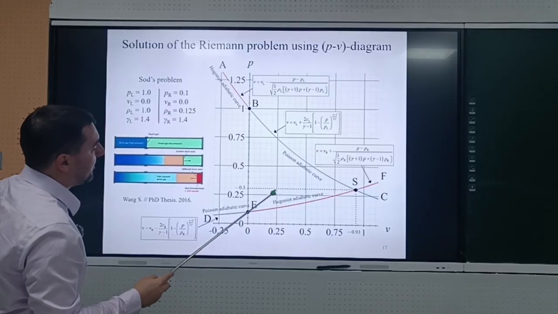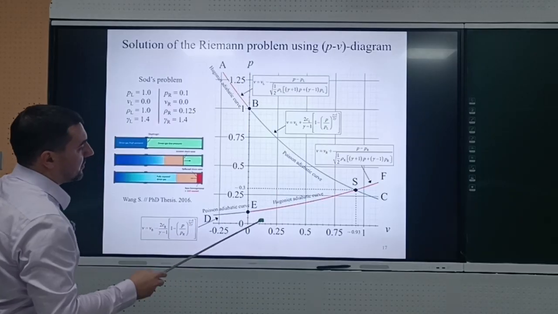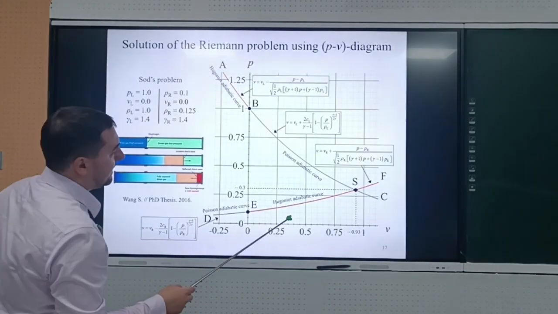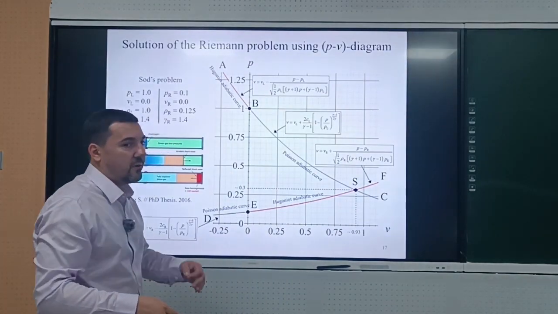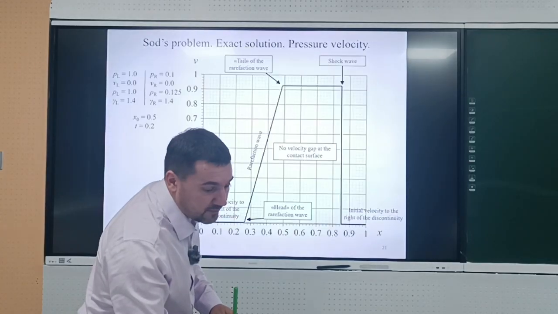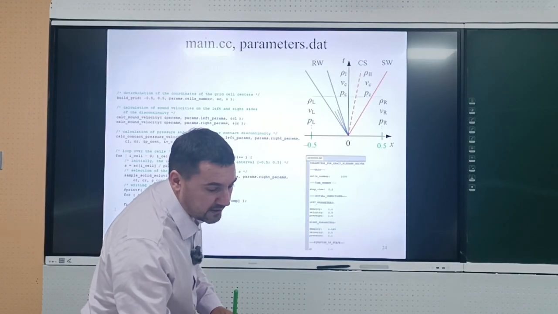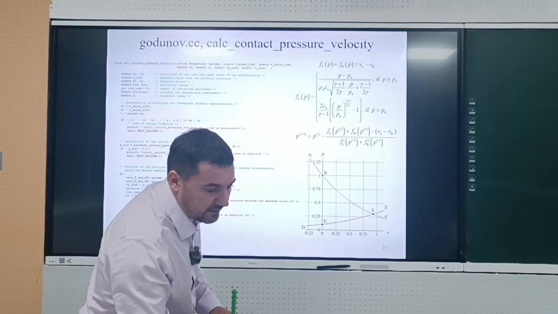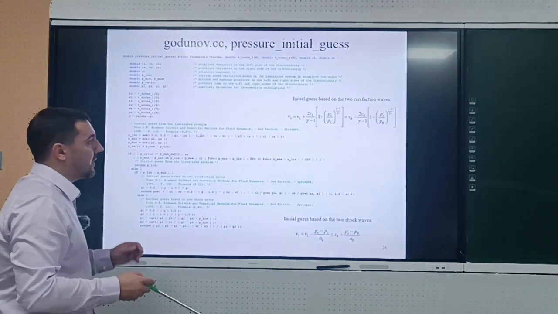So it turns out that if you have an intersection of two blue curves or two red curves, the solution at point C can be found analytically. And this analytical solution can be used as the initial guess for your iterations.